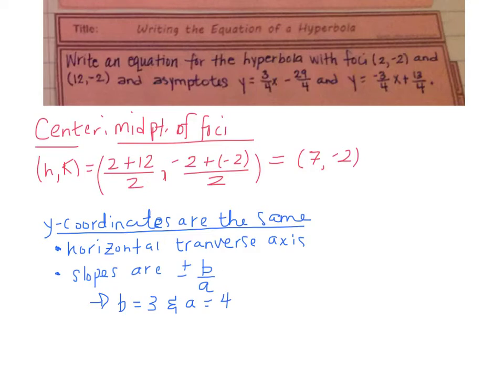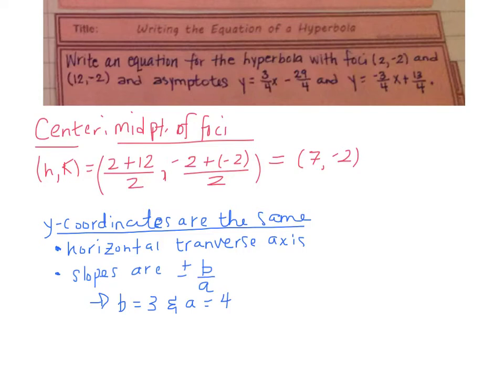The horizontal transverse axis tells us that the hyperbola will open left and right, which means that it's going to open in the x direction. So that means that the larger of a or b has to appear in squared form underneath the x part of the equation.